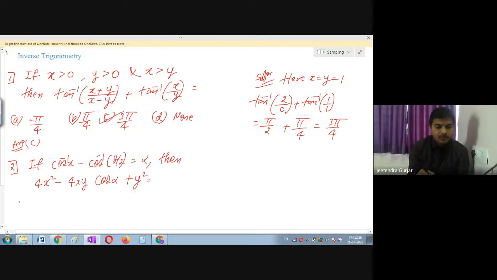Now they have given the options: A is minus 4 sine square alpha, B is 4 sine square alpha, C is 4, and D is 2 sine 2 alpha.